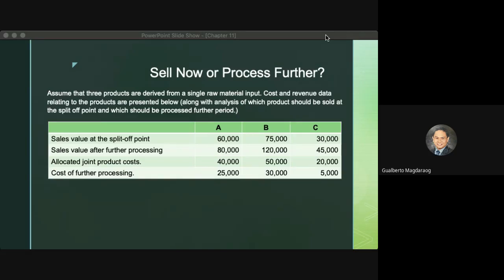We lose 5,000 there. So for C, from 30, it can be sold at 45 if processed further. So there is an increase of 15,000. The cost of further processing is only 5,000, so it can easily be absorbed. There is still 10,000 left. So our decision: A, sell it at split-off point. B and C, we can process further.